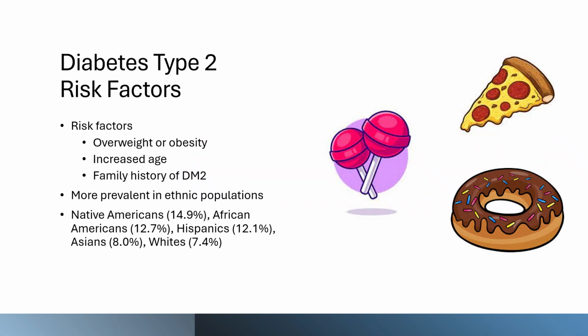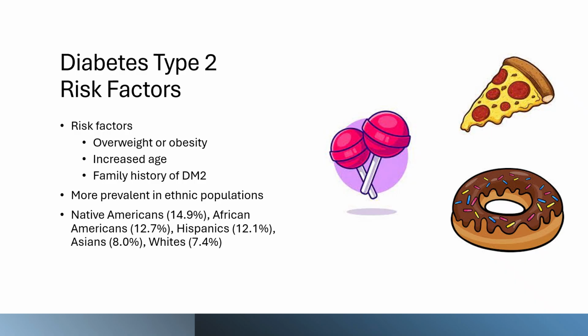So there are some risk factors for type 2 diabetes. Somebody that's overweight or obese. Oftentimes we find that as people advance in age, they tend to fall into type 2 diabetes because of lifestyle choices before. It can also be because of a family history.